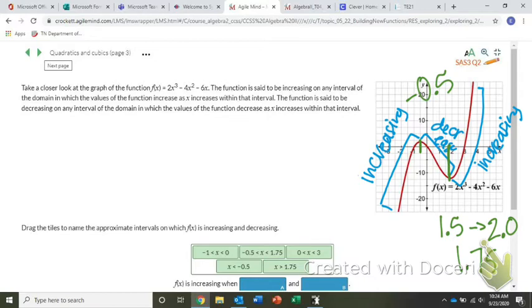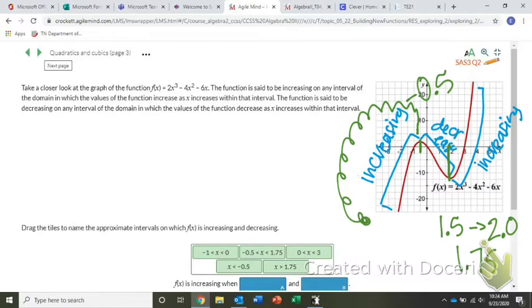Okay, so the first blank says f of x is increasing when blank and blank. All right. So it is increasing from here to here. All of these values on the left-hand side have got to be less than. Okay?